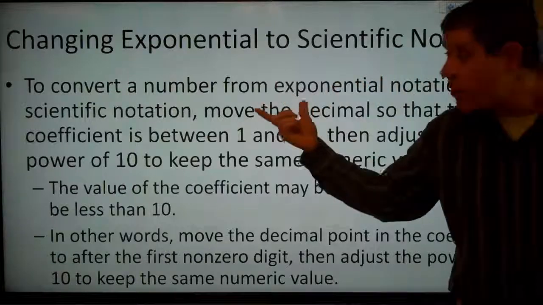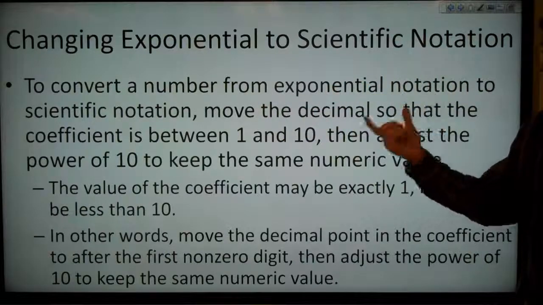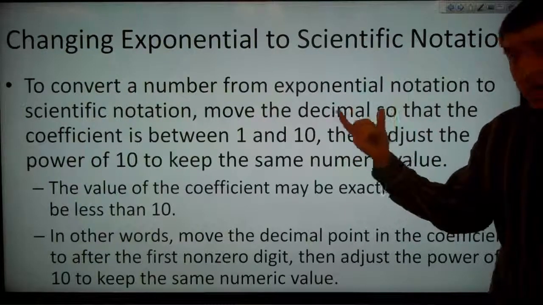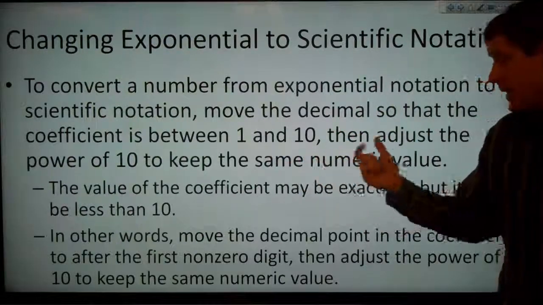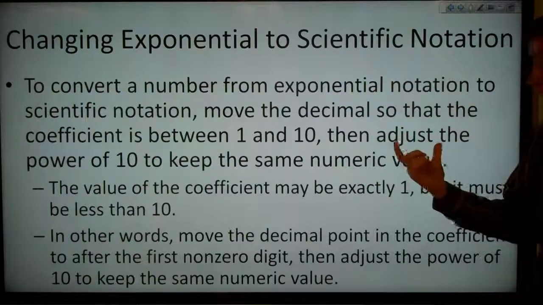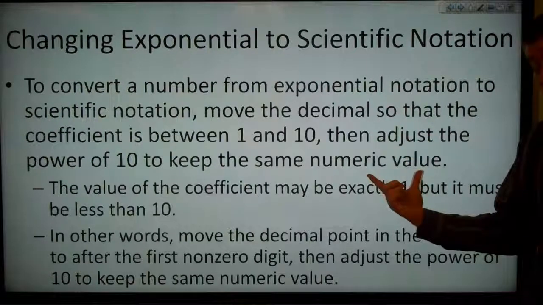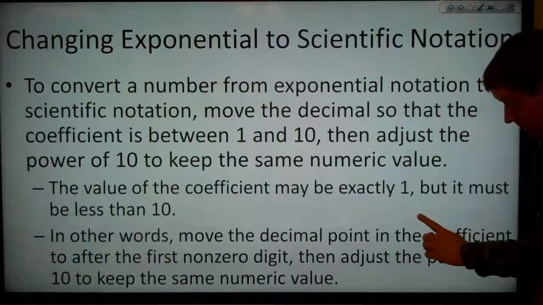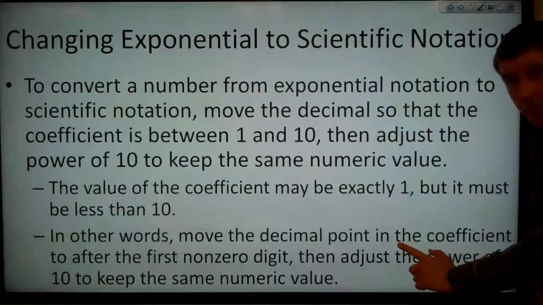So, if we want to convert a number from exponential notation to scientific notation, we need to move the decimal so that the coefficient, or the significand, is between 1 and 10. And then adjust the power of 10 to keep the same numeric value. So, the value of the coefficient may be exactly 1, but it must be less than 10.